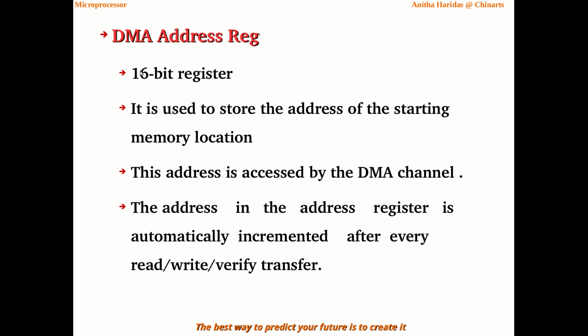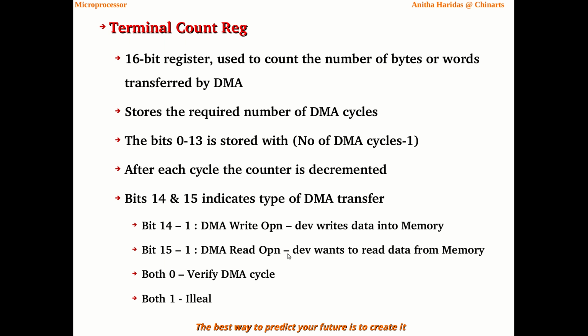Okay. So your DMA address register is a 16-bit register. It is used to store the address of the starting memory location, and this address is accessed by the DMA channel. The address in the address register is automatically incremented after every read, write or verify operation, right?